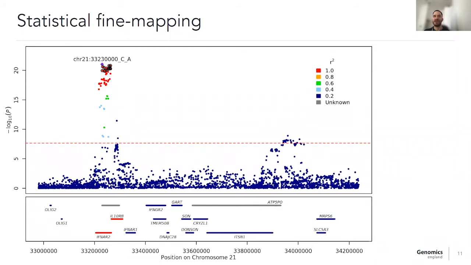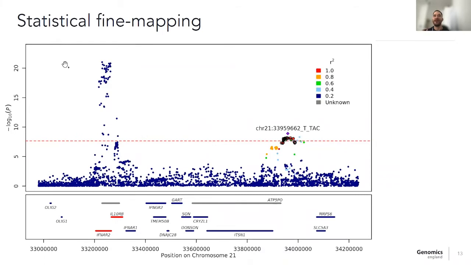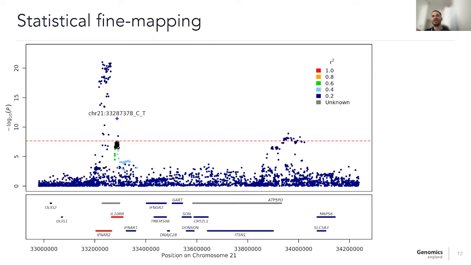And what this approach allows us to identify is, as you can see, different credible sets that are in very close genomic locations, but they are not in LD with each other. And we can statistically identify those different signals and then also follow them up with downstream analysis in order to narrow down even further the causal genes for the associations.